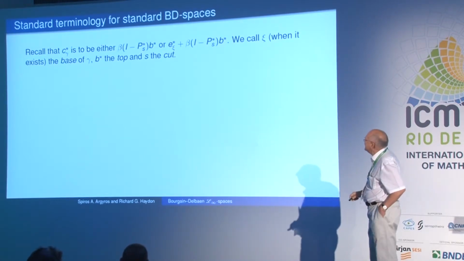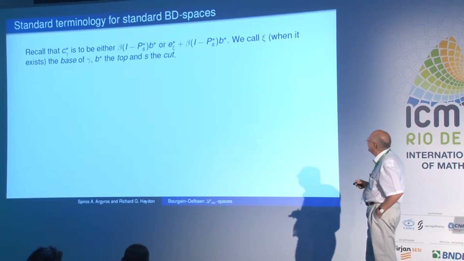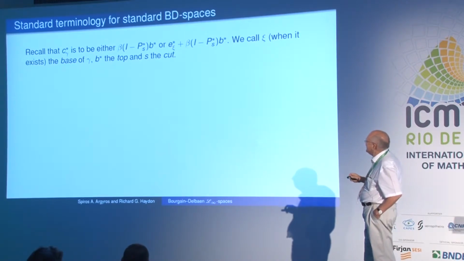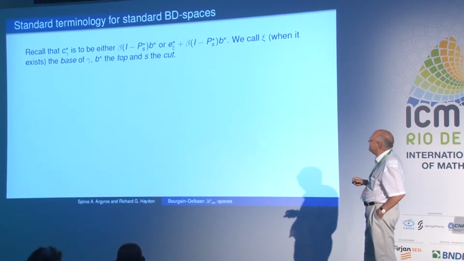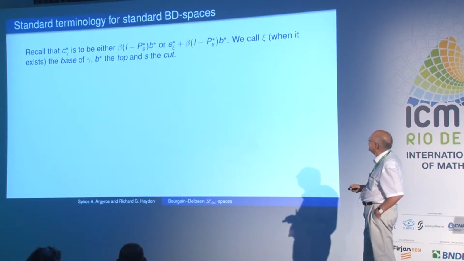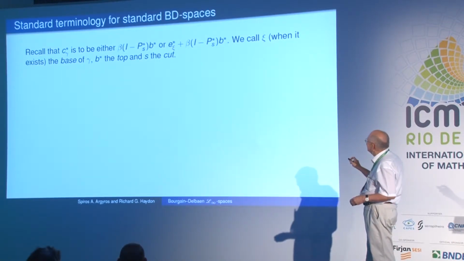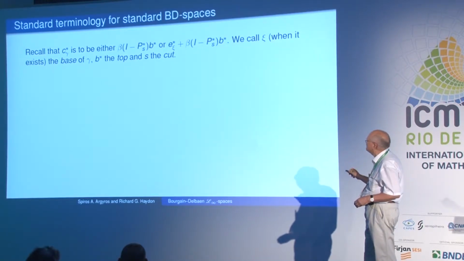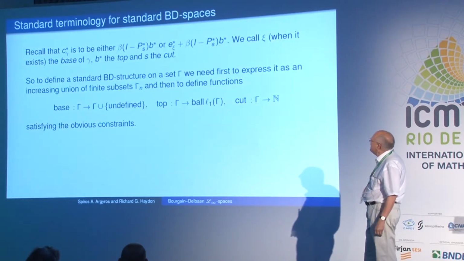For a while now, I've been calling psi, when it exists, the base, B star, the top, and S, the cut. You see, in some sense, this has something to do with shopping B star.